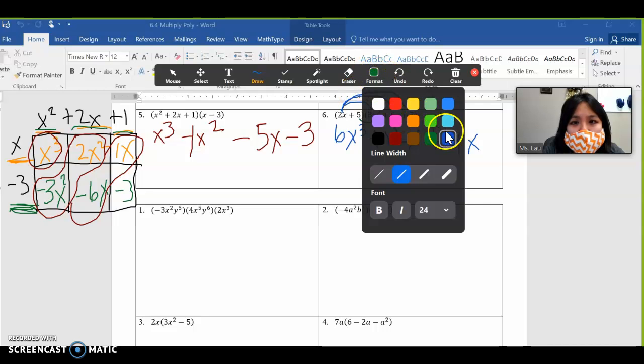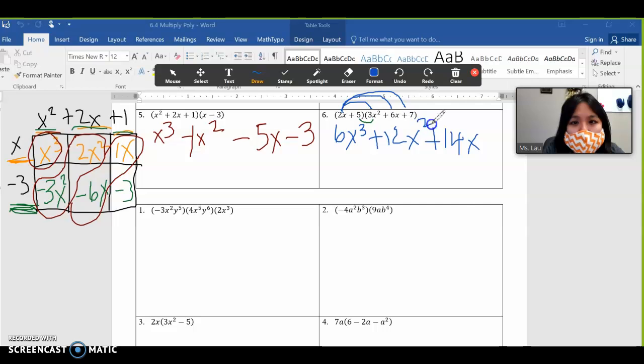Oops, and I already messed up because this should be a squared. That's 15x squared. 5 times 6x, which is 30x. And then 5 times 7, which is 35.